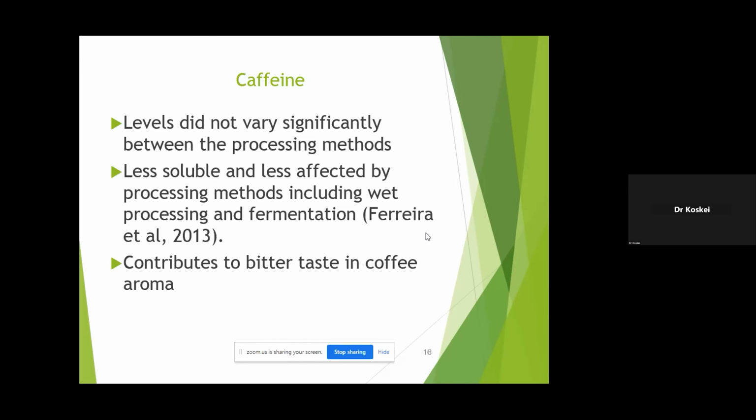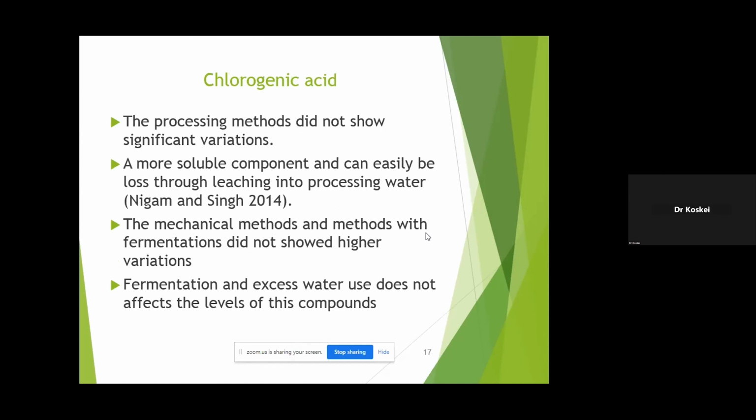Caffeine is one of the major components contributing to bitter flavor and also modifying the aroma of coffee. Chlorogenic acid is another component that we looked at, and the processes did not show significant variations.